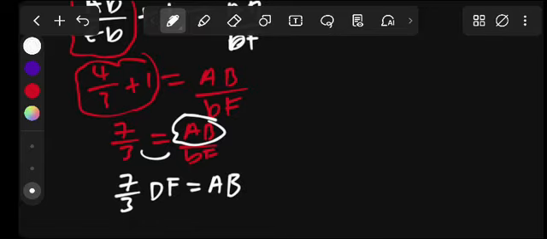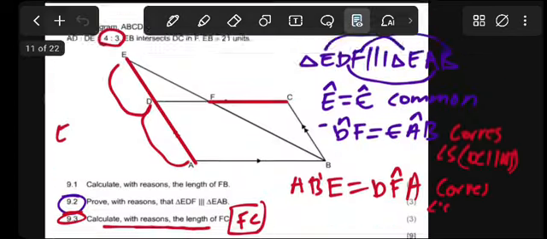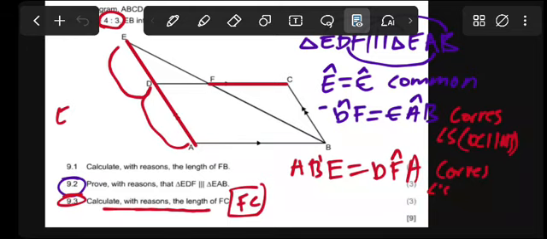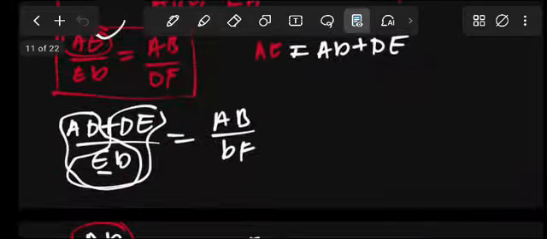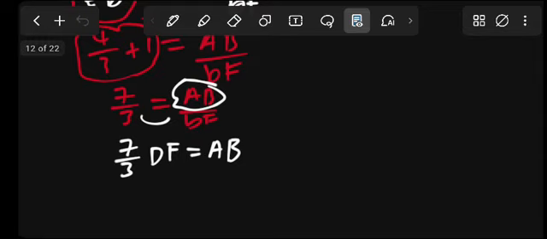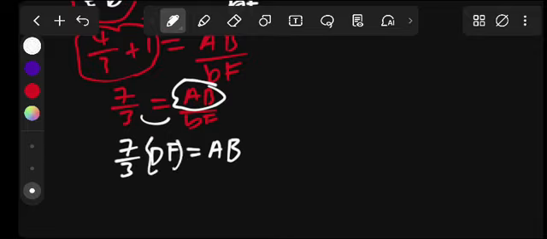But I think we have, what am I supposed to calculate? It's AP or DF. I want the length of FC. Okay, FC is somewhere there, so let me find this. I think DF will help me if I can find DF by its own.